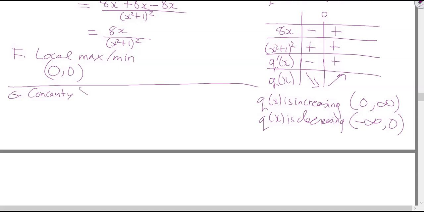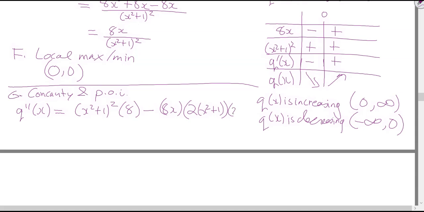Con. Uh, 8x. No, but that's low D high. We're doing the second derivative.